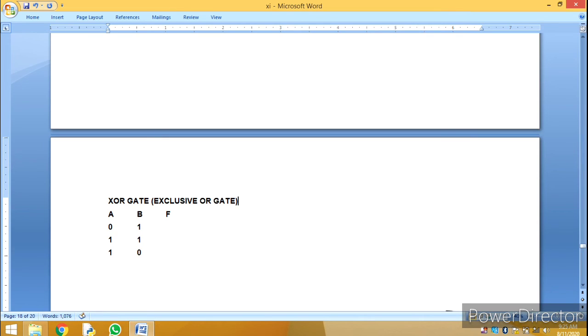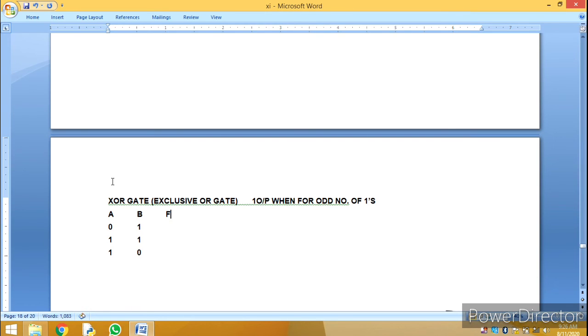When I'm talking about the exclusive OR gate, I say that it produces what? 1 as output for an odd number of ones.